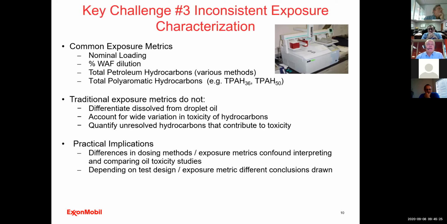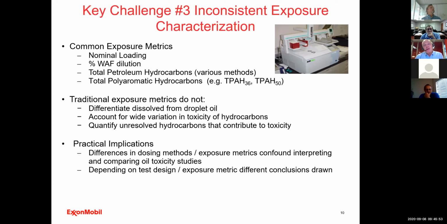And in the example I gave you, it was TPH 50, but you'll see other papers where they use a different subset of PAHs. And the key shortcoming of these traditional exposure metrics is that they don't differentiate dissolved from droplet oil. They don't account for a wide variation in the potency of the individual hydrocarbons that really can span several orders of magnitude.